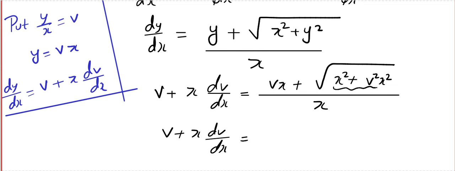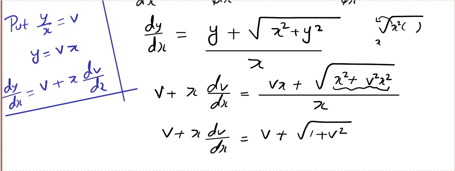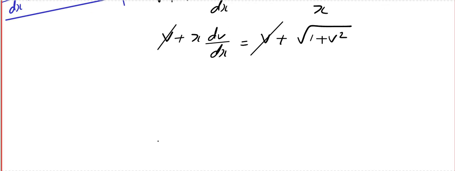Can you see this x square comes common and it comes outside the square root as x? Come on, it will be root under x square into something. When it jumps outside the square root, it will become x. And can you see every term has x? So we are going to get 1 plus v square eventually. Those who did not understand, please write more steps and try to understand.